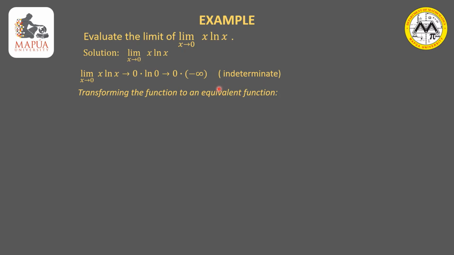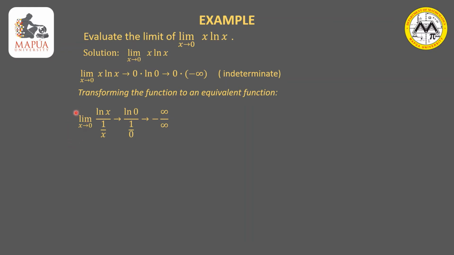So what we need to do now is to transform the product x ln of x into an equivalent fraction, where the limit will be either a 0 over 0 or an infinity over infinity. So what we did was to rewrite or transform x ln of x into ln of x divided by the reciprocal of x.